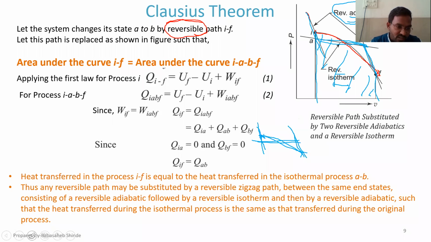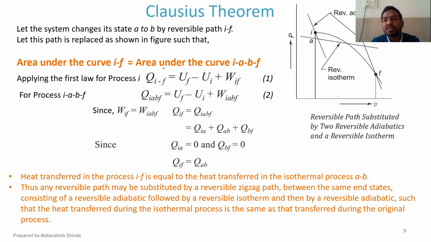Now let me erase all the ink so that you can get a better idea. So the original process is IF. Area under that process IF is nothing but this much area, right? Now, while drawing those two reversible adiabatics and reversible isotherm, what care am I taking?